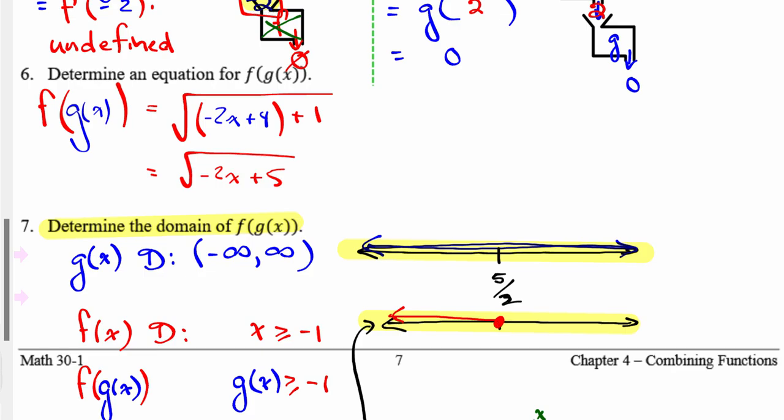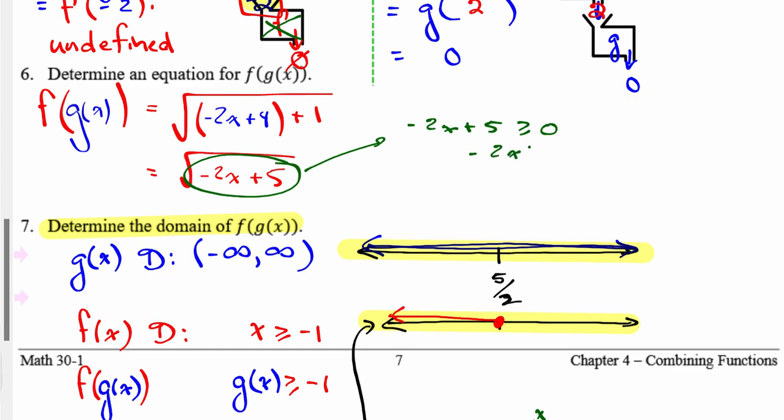As I mentioned earlier, sometimes the equation is going to give us enough information to figure out the domain for the composition of functions, because this -2x plus 5 has to be greater than or equal to 0 because I can't square root a negative number.